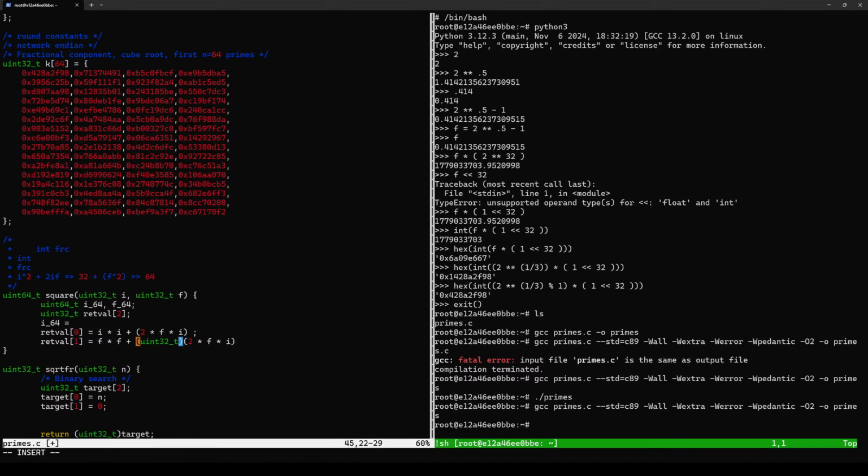So we need f64 to equal a uint64_t of f. We need to take f times f, and we need to cast it. And before we cast it, we need to do a bit shift of size 32.